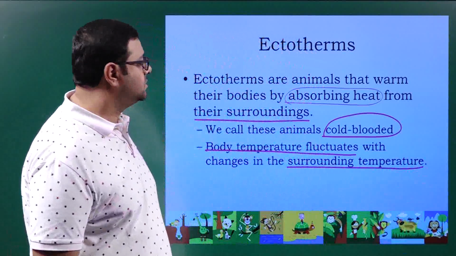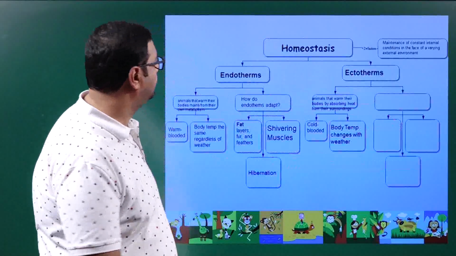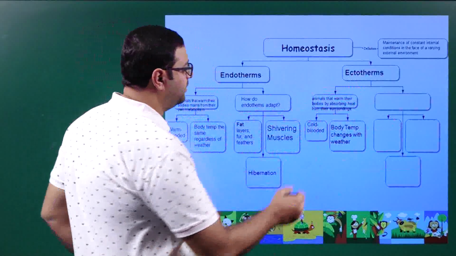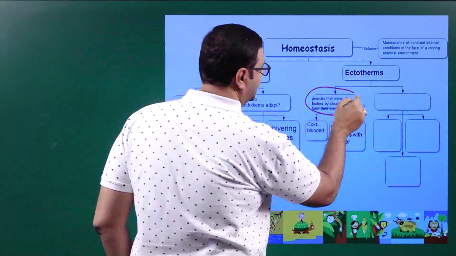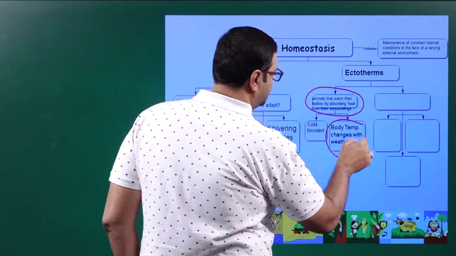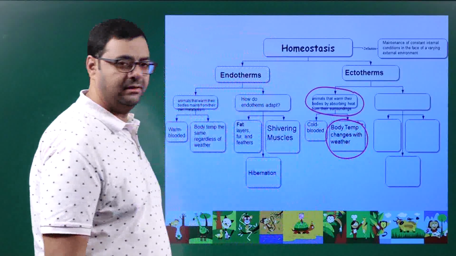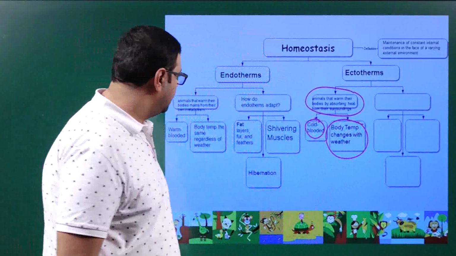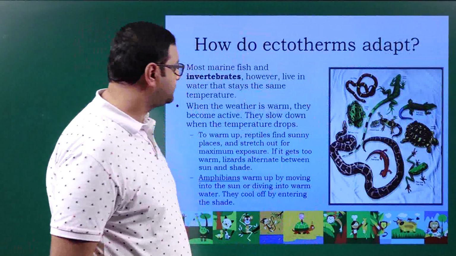So, moving on. Ectotherms are animals that warm their bodies by absorbing heat from their surroundings, and the second thing is body temperature changes with the weather, and they are cold-blooded.